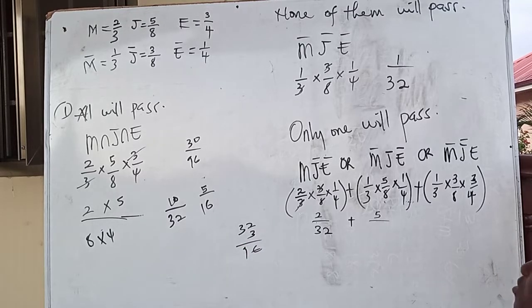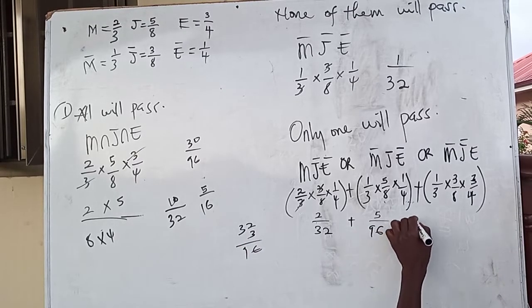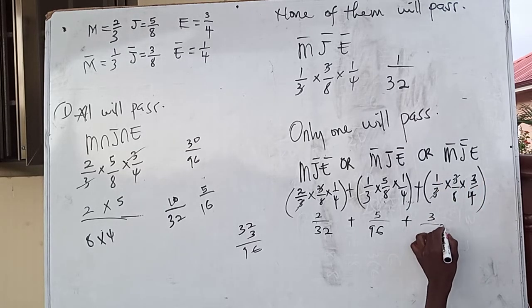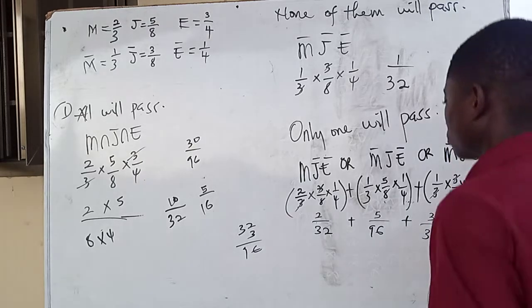So you have 96. Then 3 can cancel 3, so 1 times 3 is 3.